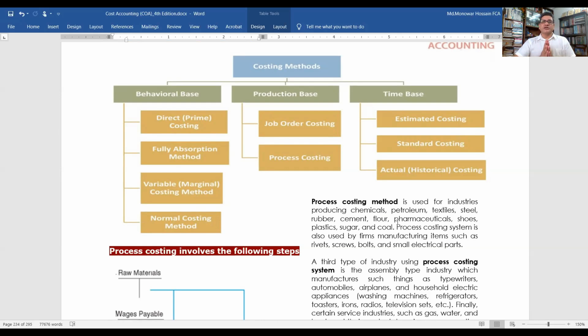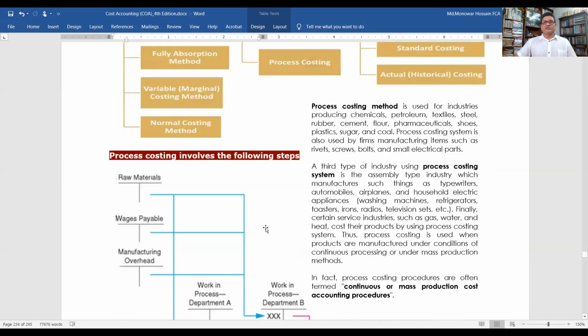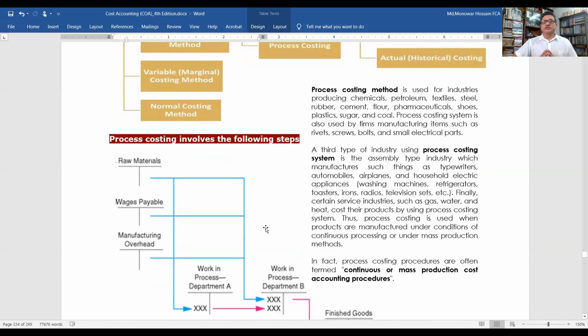Production based are job order costing and process costing. Time based are estimated costing, standard costing, and actual or historical costing. So the process costing method is used for industries producing ceramic, chemical, textile, etc.